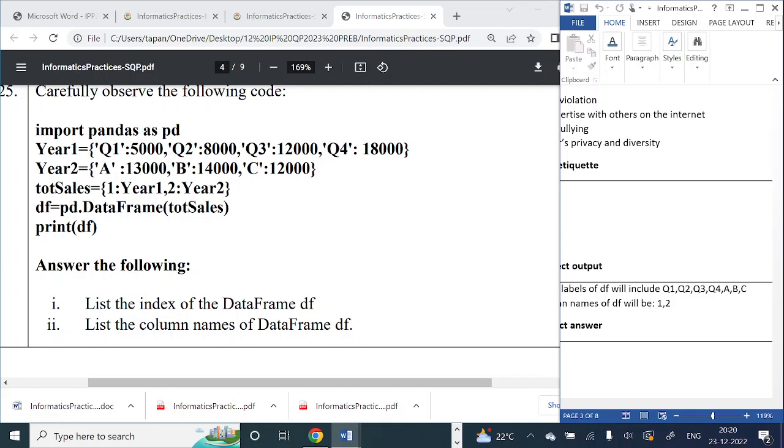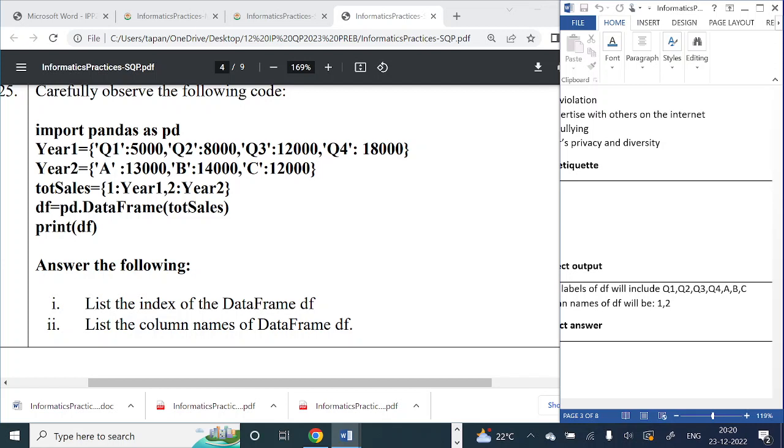You have seen that whenever any dictionary is created, the key they have given will be the column label, and the values in which again the key is used will be your index. So the first one, list the index, here you will list Q1, Q2, Q3, Q4, ABC.